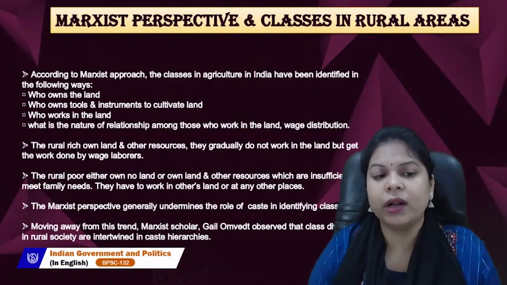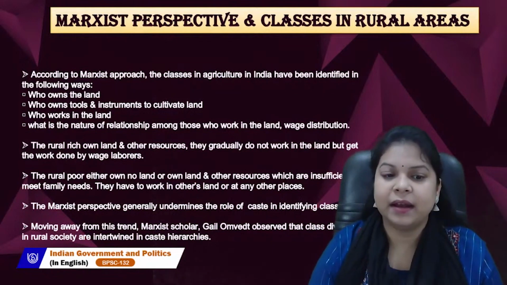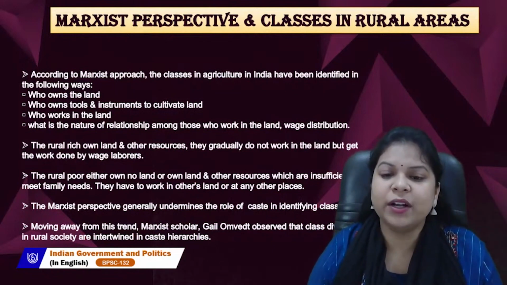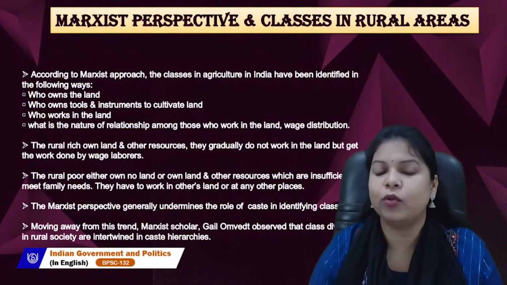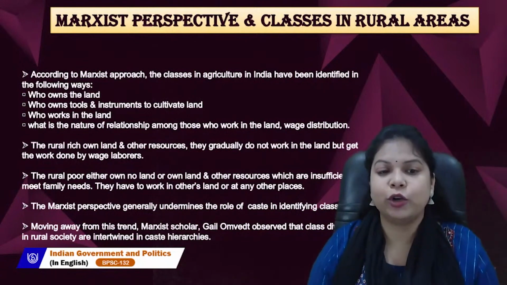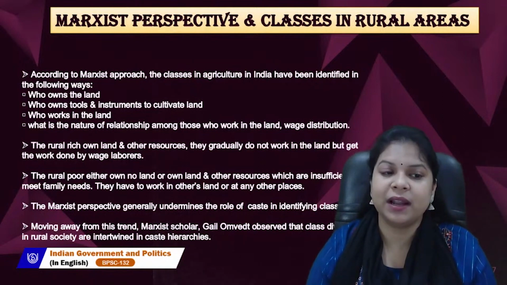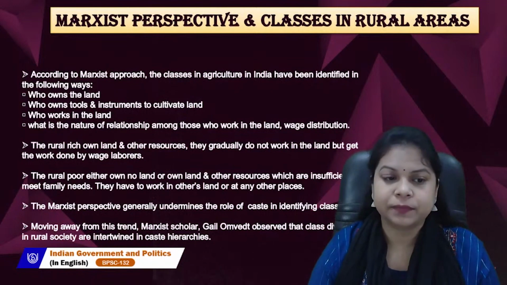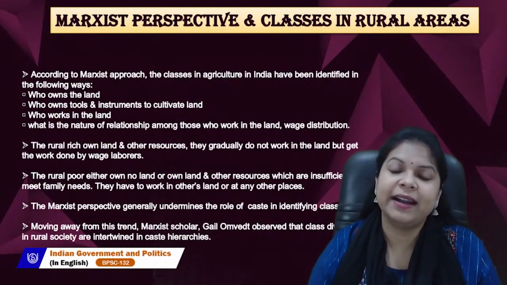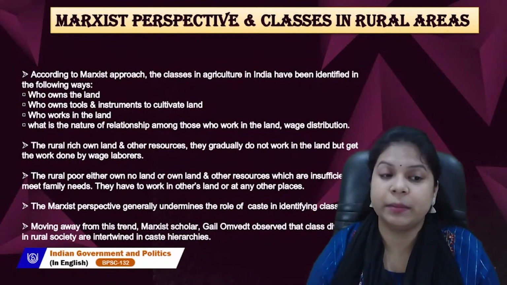The rural rich own land and other resources. They gradually do not work in the land. The person who owns the land and has all the resources like tools and instruments to cultivate it will generally not work in their own land, and gets the work done by wage laborers.